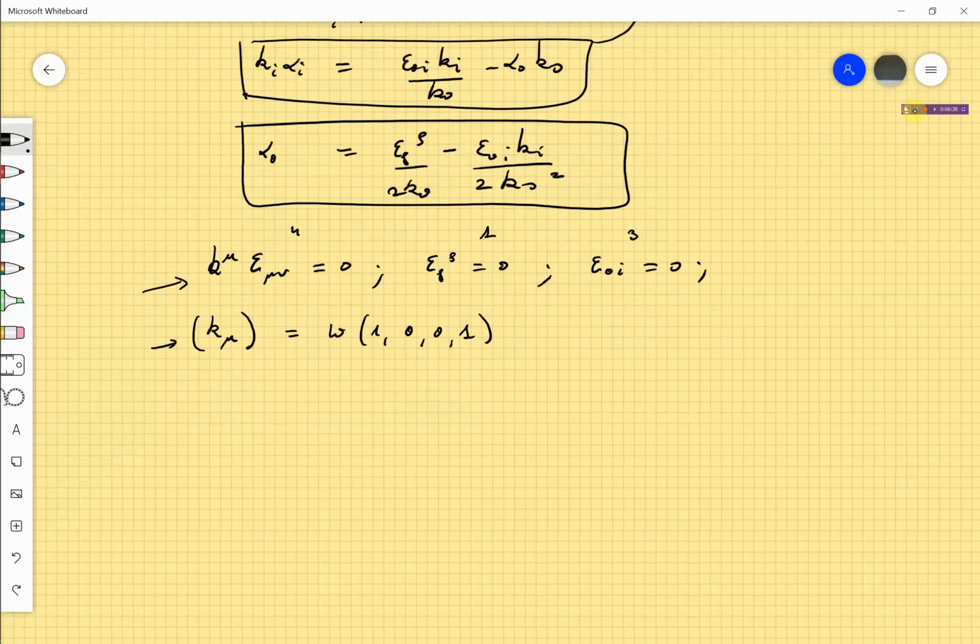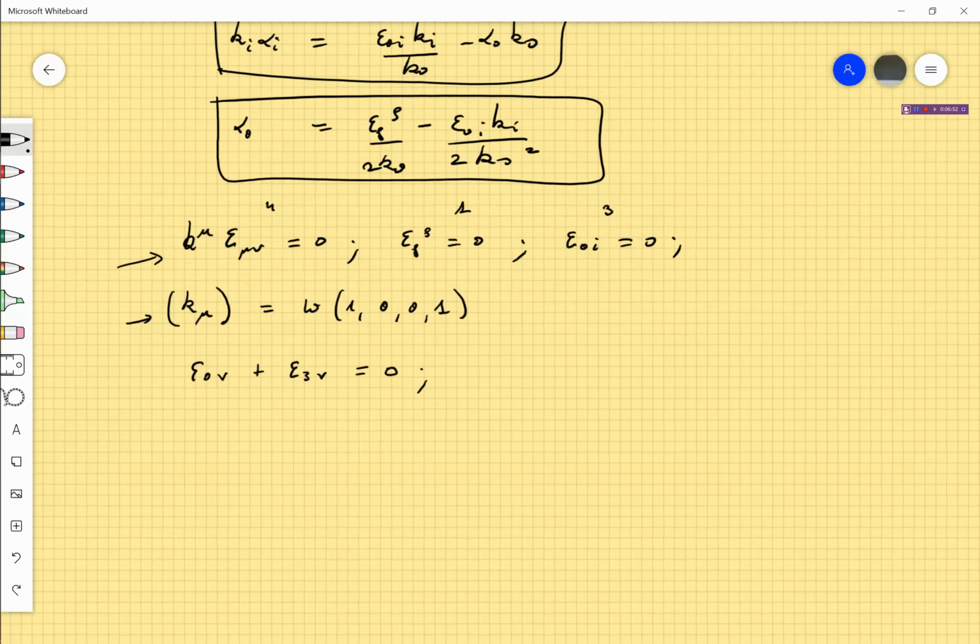becomes, well, I think here μ is the one which is contracted, so it is ε^{0ν} + ε^{3ν} = 0. Okay, and this condition now becomes explicitly ε^{00} − ε^{ii} equal to 0, and then we have the three conditions ε^{0i} equal to 0.